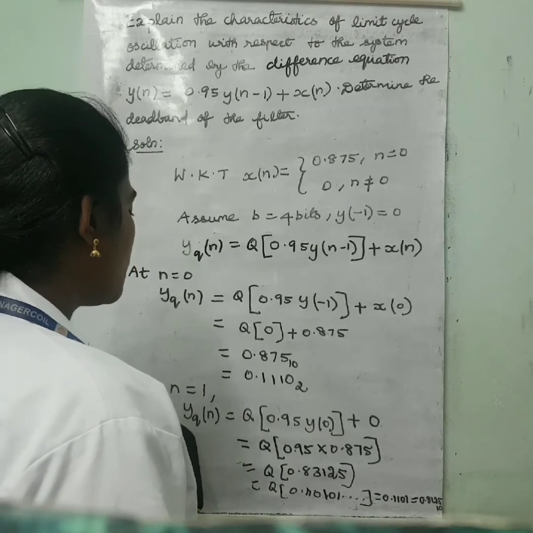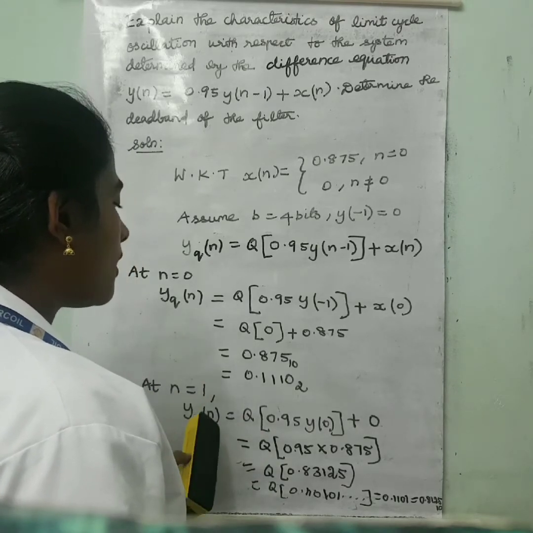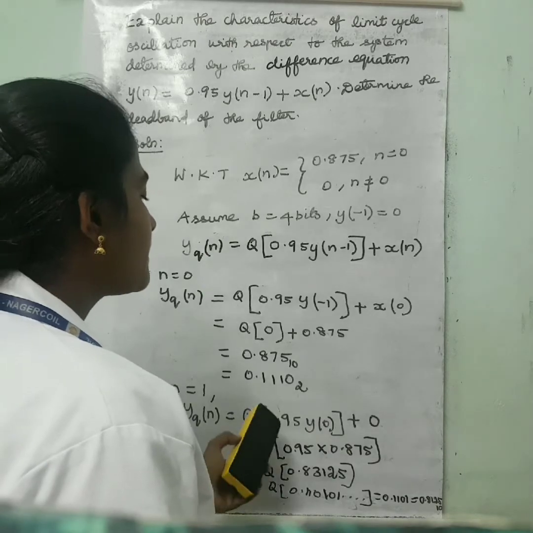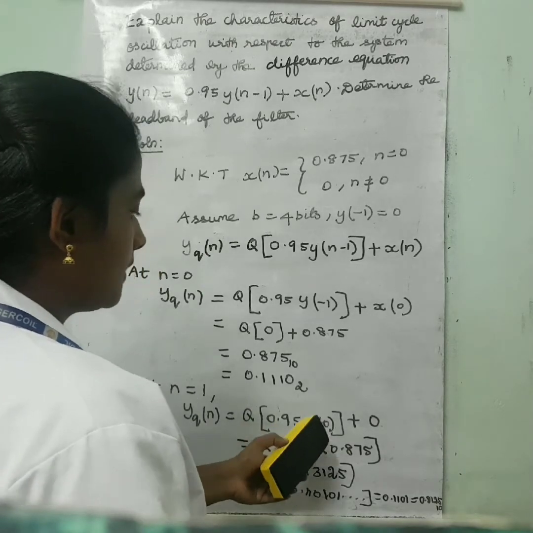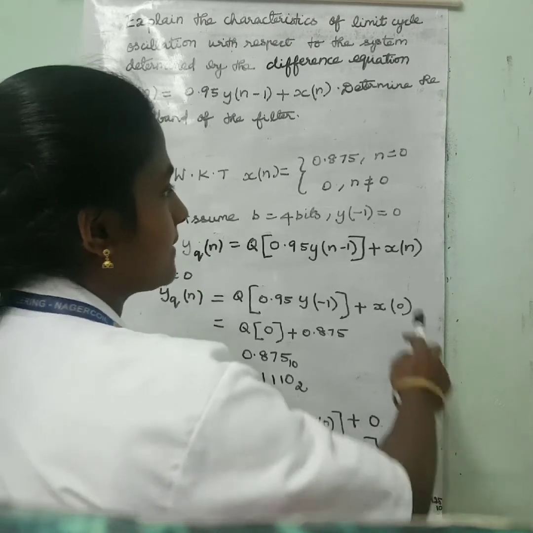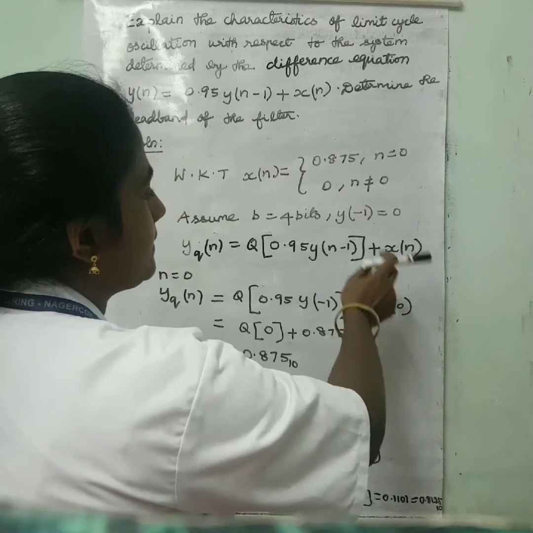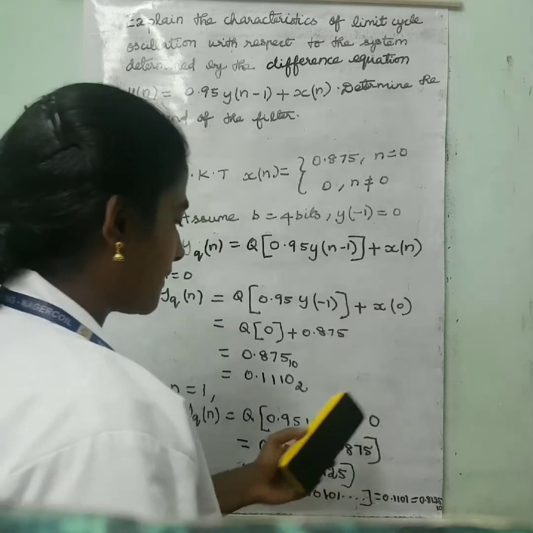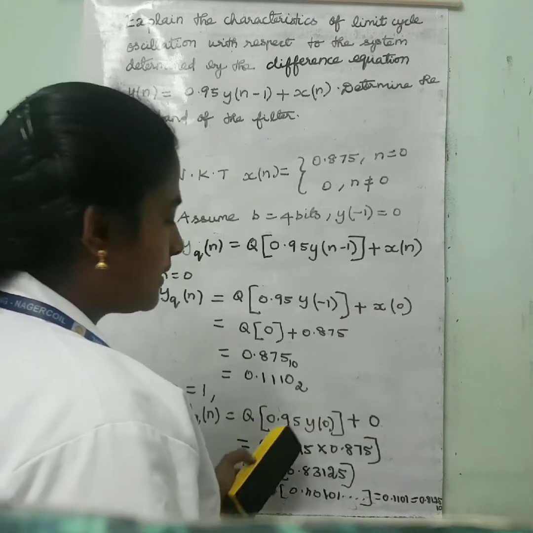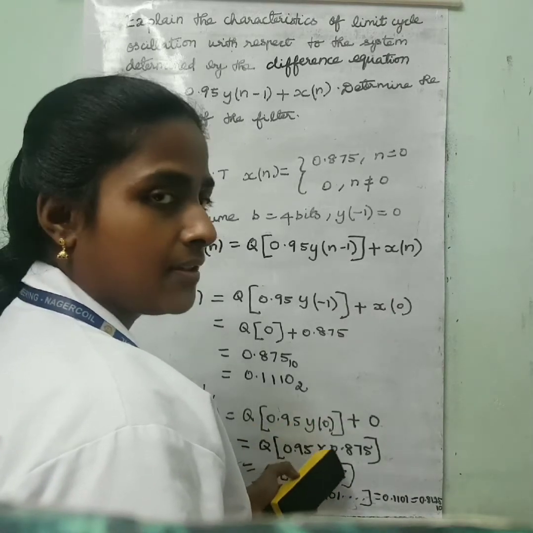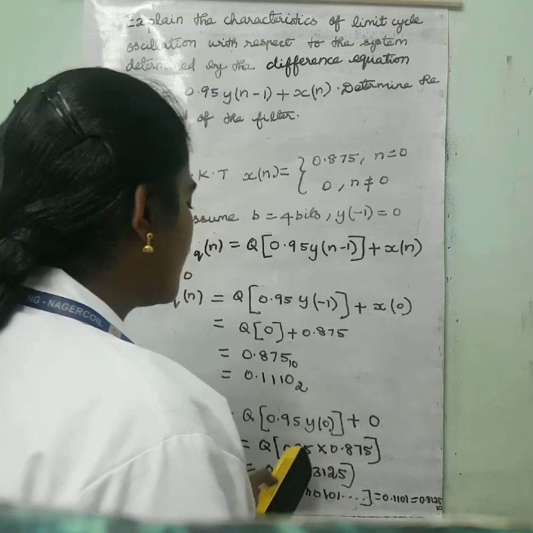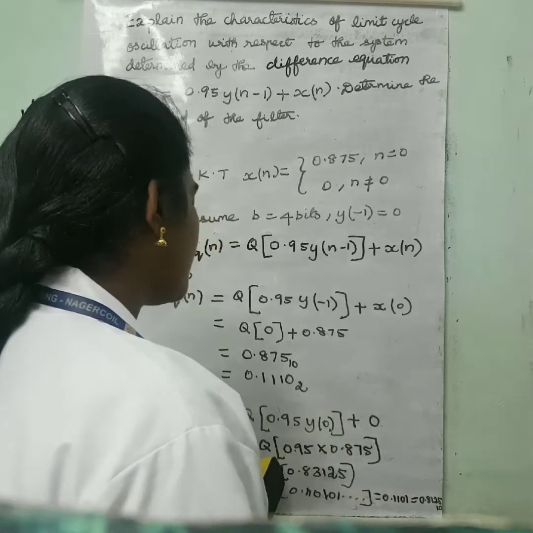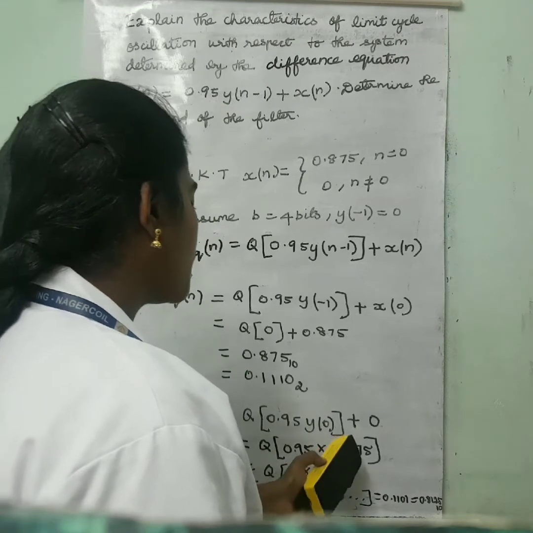Then next step is at n is equal to 1. When n is equal to 1, yq of n is equal to q of 0.95 into y of 0 plus x of n. When n not equal to 0, x of n is 0. So that is equal to q of 0.95 into 0.875. You multiply these two values, you will get 0.83125.